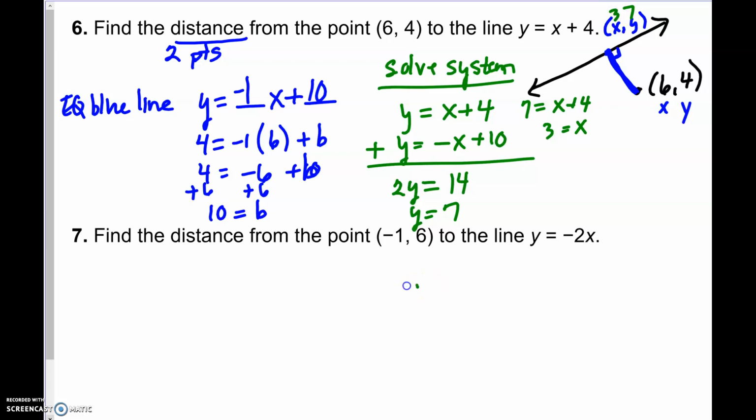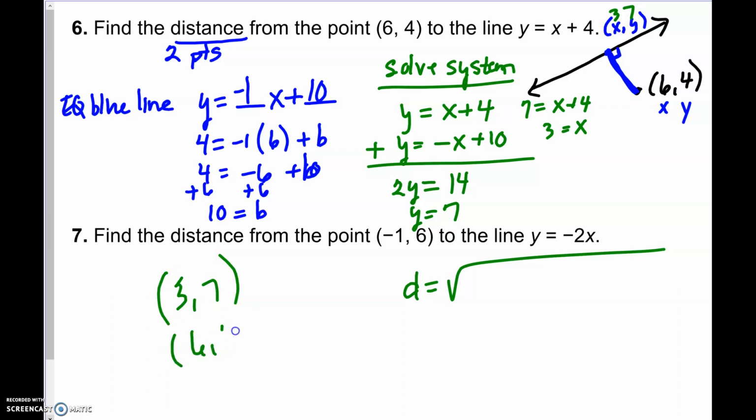Now I need to find the distance between the 2 points, 3, 7, the one we just found, and the point they already gave us, 6, 4. So we're going to take 6 minus 3 quantity squared, plus 4 minus 7 quantity squared.